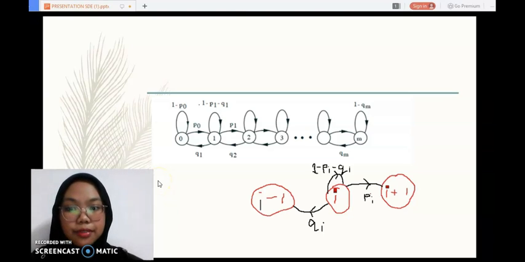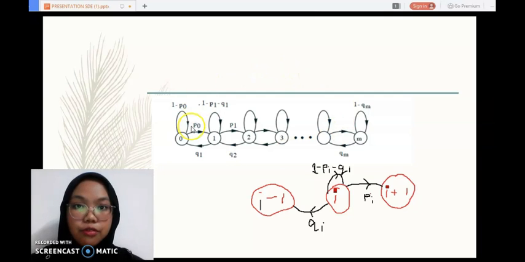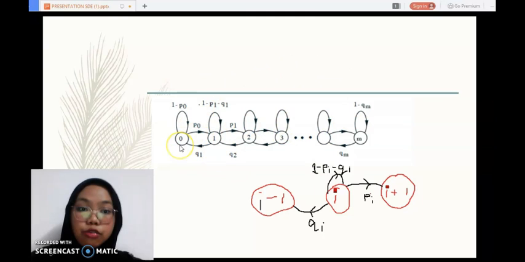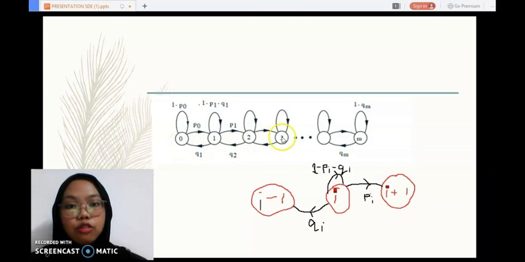Okay, what is going on in that process? Consider the Markov chain diagram that looks like this. It starts from 0 and goes up to some finite number n.